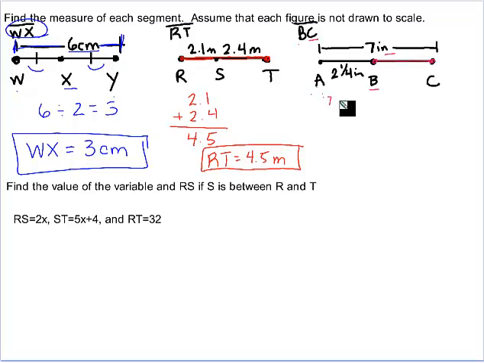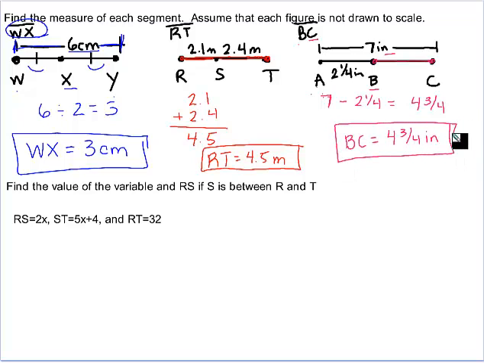So we would take 7 minus 2 1/4. Well, 7 minus 2 1/4 is 4 3/4. So the distance from B to C is 4 3/4 inches. Once again, we're talking about a measurement, so we do not have the line segment notation on top of BC. We just write down BC.